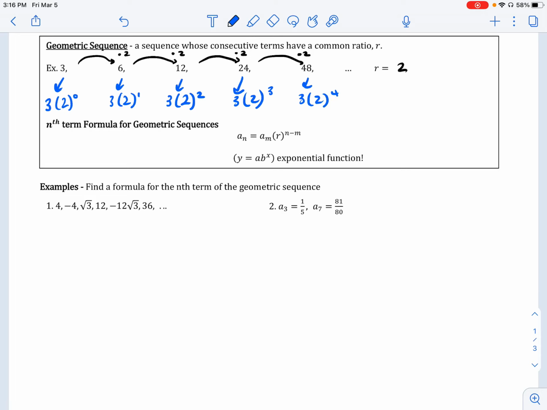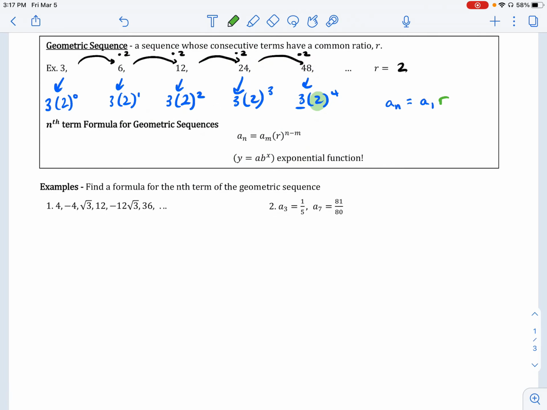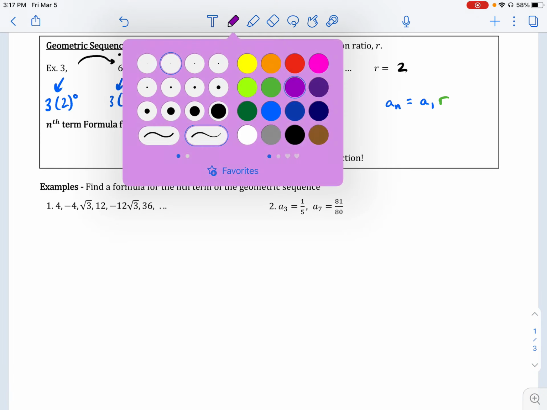Now, why am I writing it this way? Because I want to highlight what we know and how we can use what we know to come up with a general formula for the nth term. Well, we seem to be able to say the following, that our a sub n, our general term, is going to be determined by taking our first term in our sequence, a sub 1, times our common ratio, and what is our power going to be?